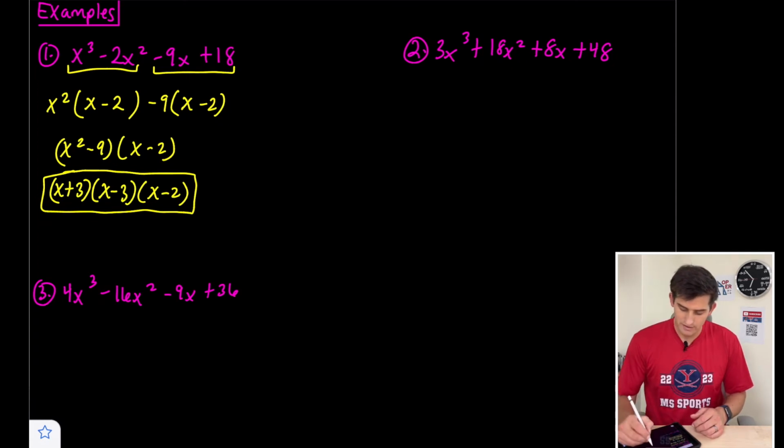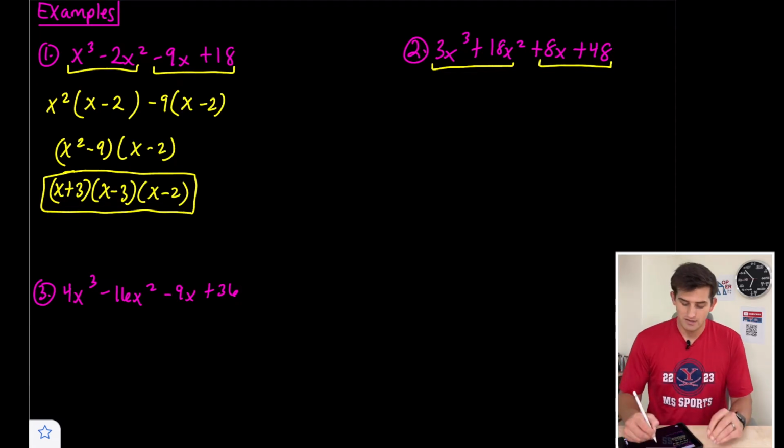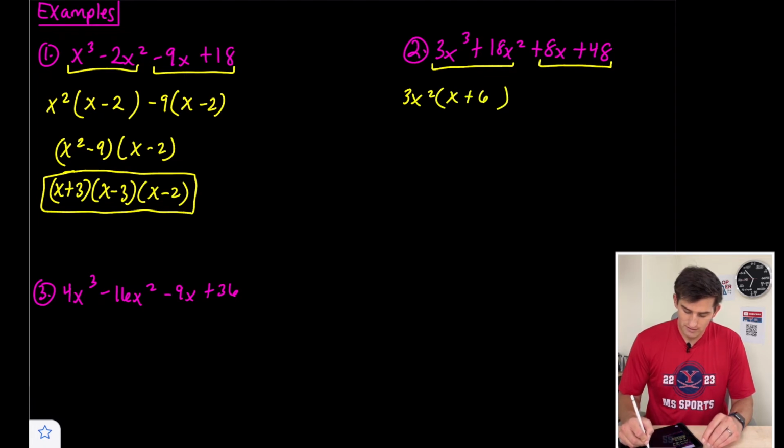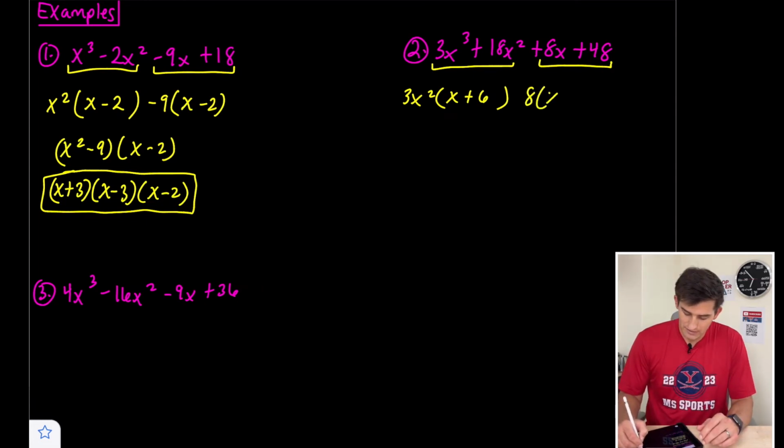All right, number 2, once again, we can group together our first 2 terms and our last 2 terms. For our first 2, let's factor out a 3x squared. Now in parentheses, we're going to have x plus 6, right? Once again, we would like to have x plus 6 in our parentheses over here. So let's factor out an 8. And we do get x plus 6.